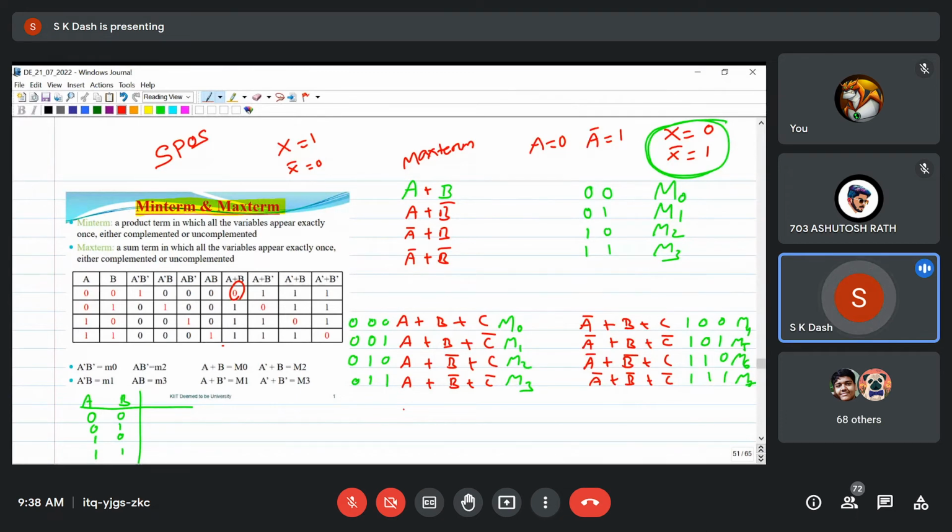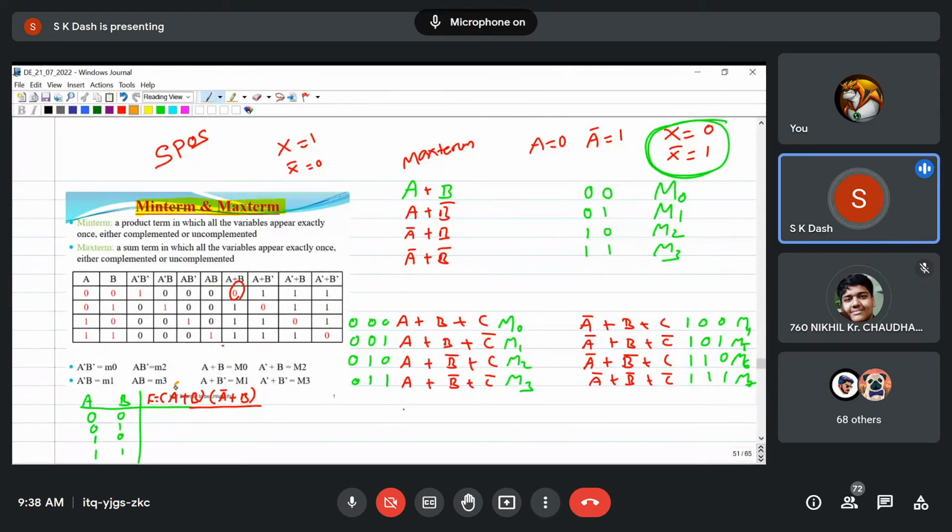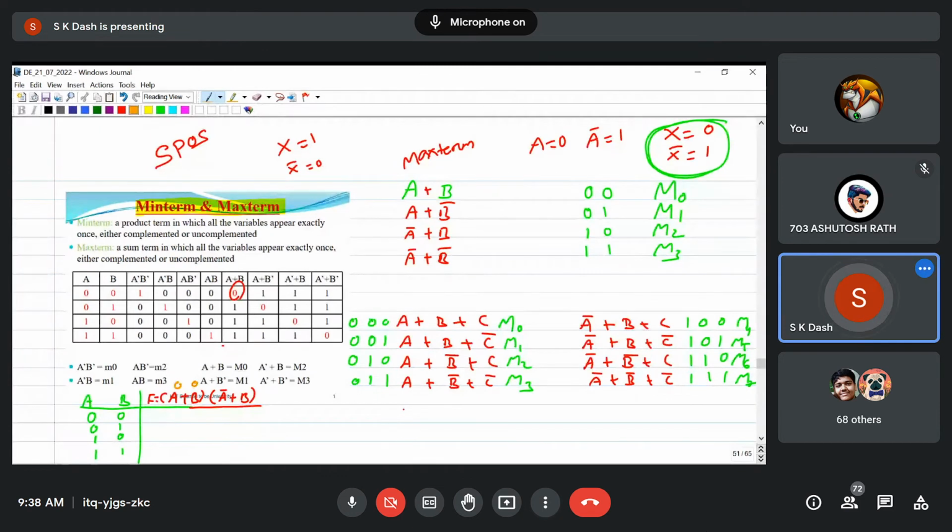Now suppose my function is (A plus B) into (A bar plus B). So how much will A plus B be? Is A 0 or 1? A is 0, B is also 0. A bar is 1, B is 0. So that corresponding output should be 0.